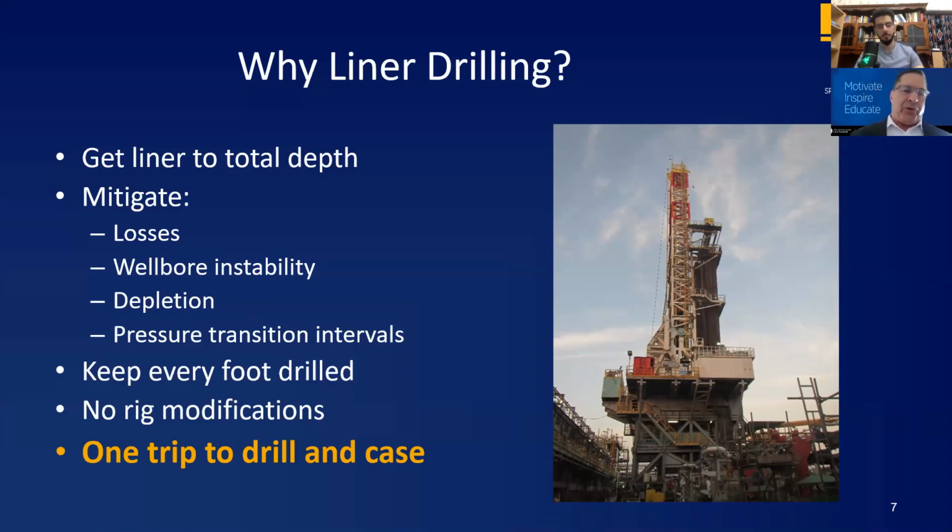So in order to save several wiper trips, what operators will do is put a drillable casing bit on the bottom of their casing and wash and rotate it to TD versus running another drill string to clean it out. This saves you time, plus the longer you're out of the hole, the more bad things can happen, especially in time-sensitive formations. So reaming with casing or reaming with liners is a solution.